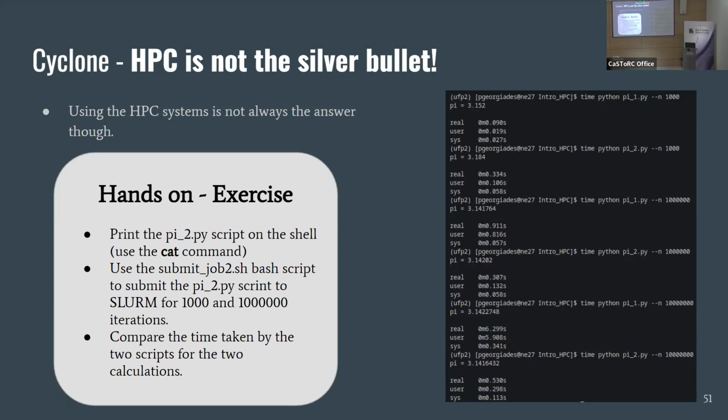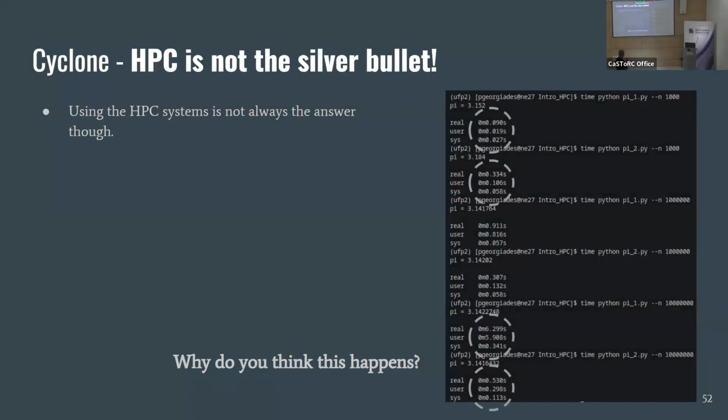So why is the first version faster to start with, but then it's much, much slower when we have more iterations?